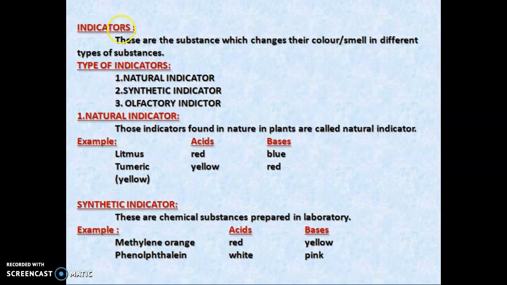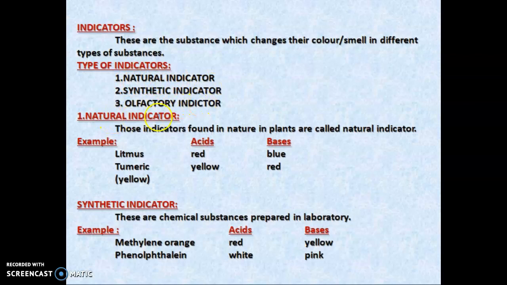Next, indicator. These are substances which change their color or smell in different types of substances. Indicators are those substances which show their color change or smell in the presence of a type of substance. There are three types of indicators: natural indicator, synthetic indicator, and olfactory indicator.